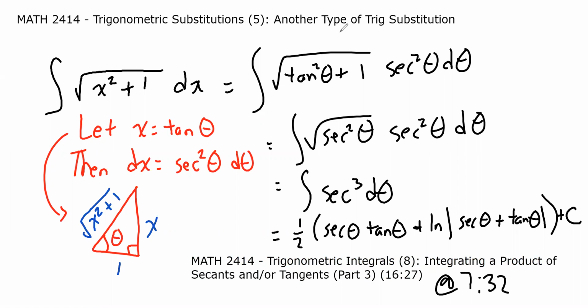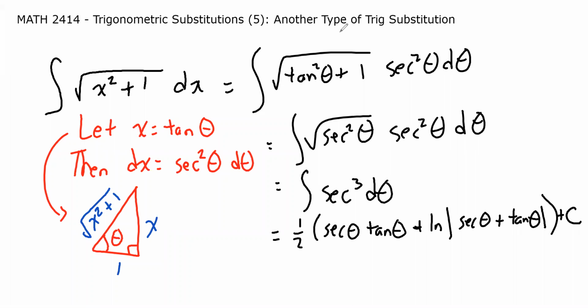And even if you're not in my class, if you search that title on YouTube, it should take you right to that video. I would leave out the 16 minutes and 27 seconds and then go to the 7-minute and 32-second mark if you want to see details behind the integral of secant.